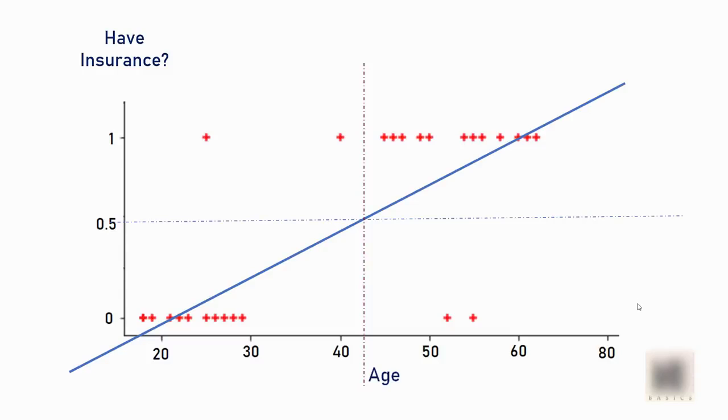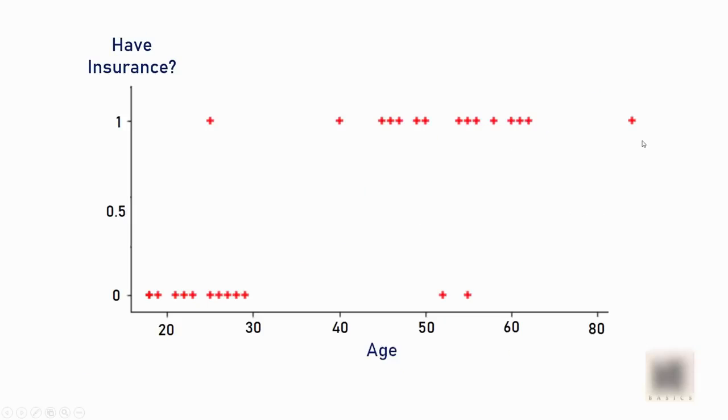Now imagine you have a data point which is far on the right hand side here. Say a customer whose age is more than 80 years, let's say he bought your insurance. Then your scatter plot will look like this and your linear equation might look like this.